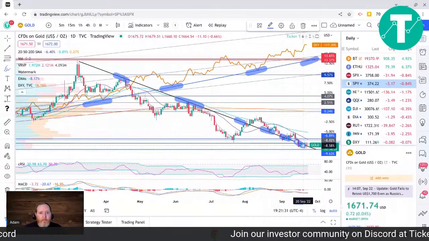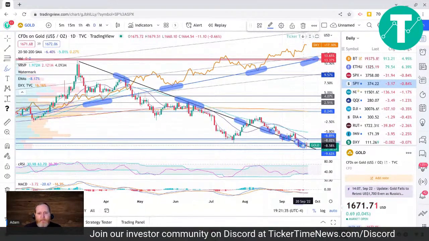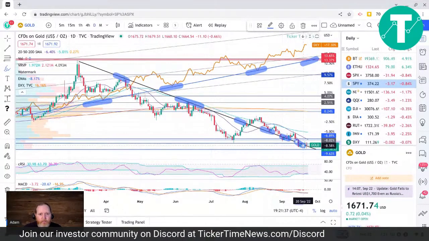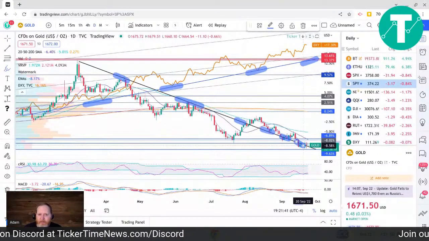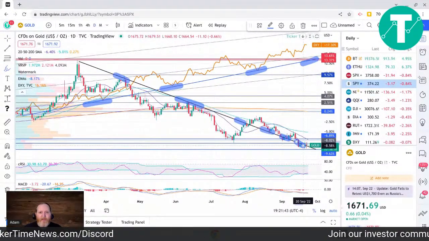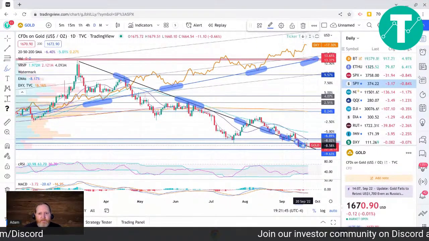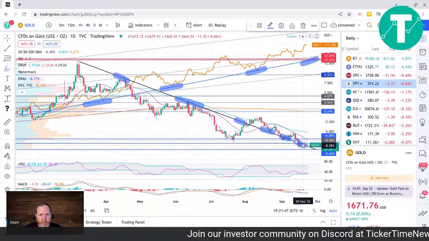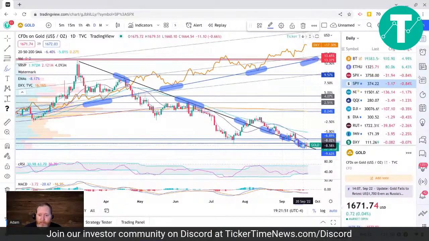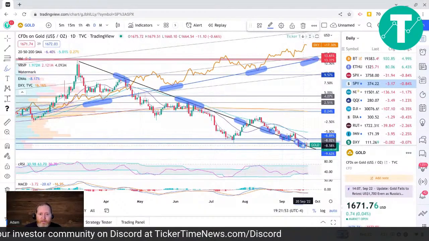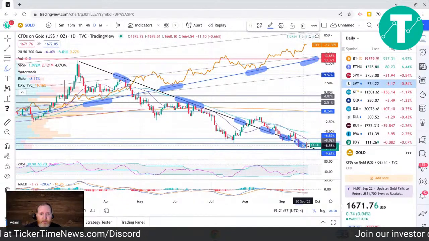The dollar needs to stop this bullish run that it is on for gold to see any type of significant rebound. The dollar has got to weaken for gold to strengthen.